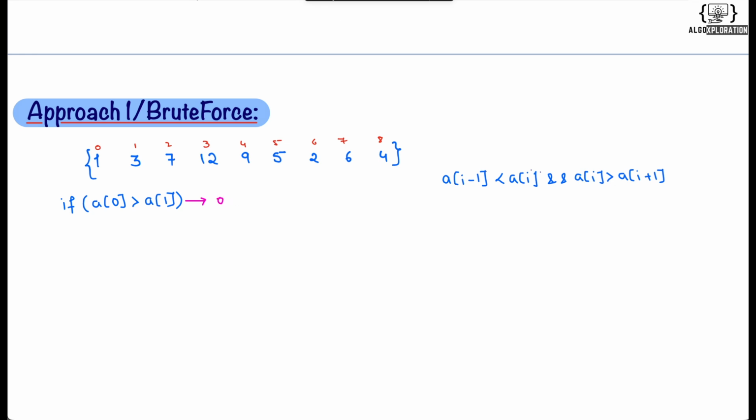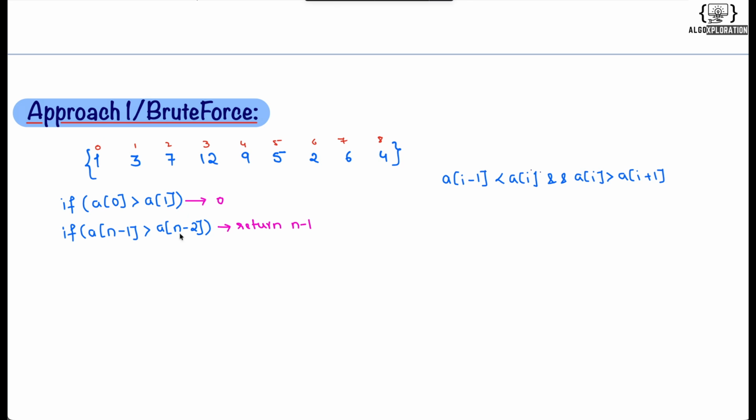Similarly, if the value present at a of n minus 1 is greater than the value present at n minus 2, then we can simply return n minus 1. So we don't have to go further.